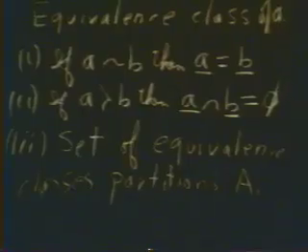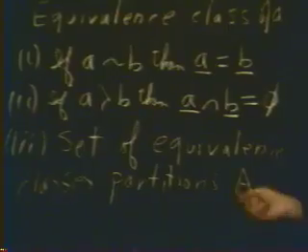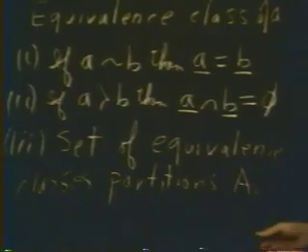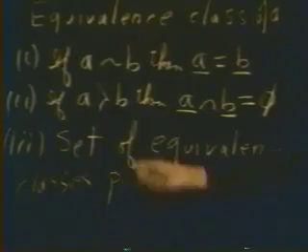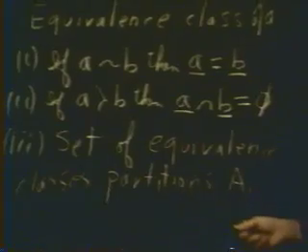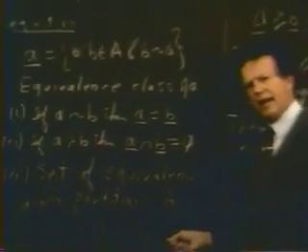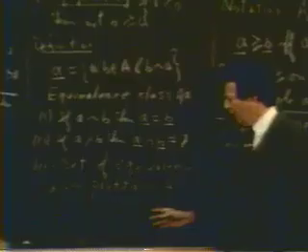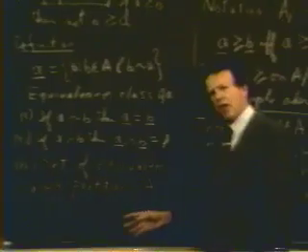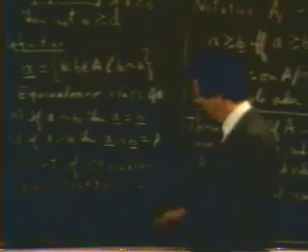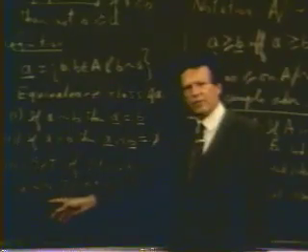And the third property, that's an important one. If we consider all the equivalence classes, in other words, the set of equivalence classes of the given set A, then that set of equivalence classes partitions A. By partition we mean, of course, the familiar concept of dividing A into a collection of pairwise disjoint subsets whose union exhausts A. So we have a partition of A from this set of equivalence classes.